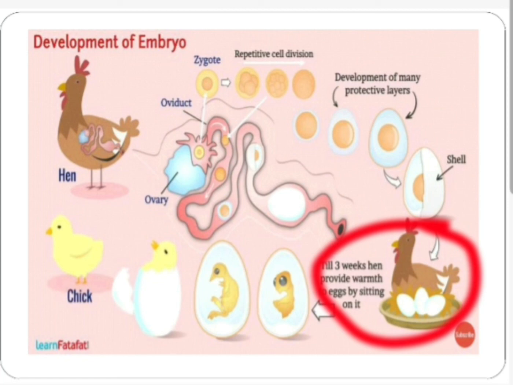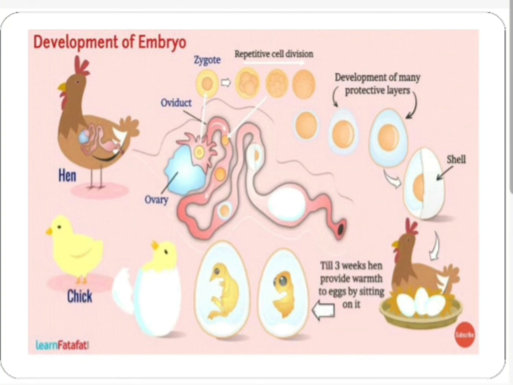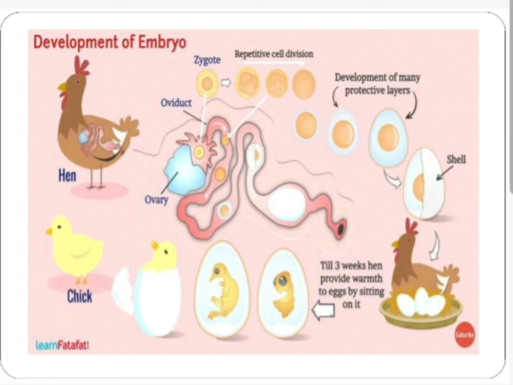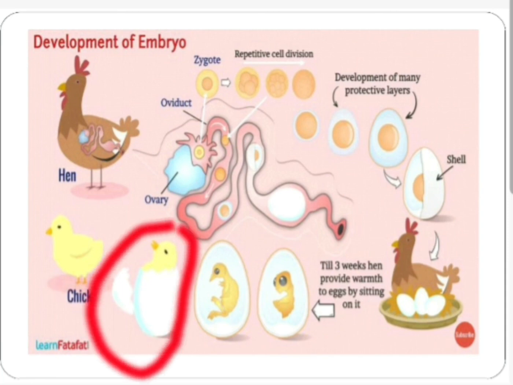The development of the chick takes place inside the egg, and after the chick is completely developed, it bursts open the egg.